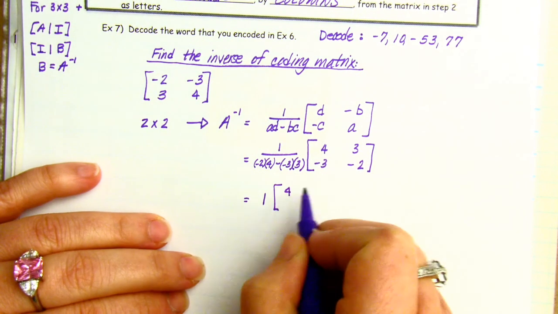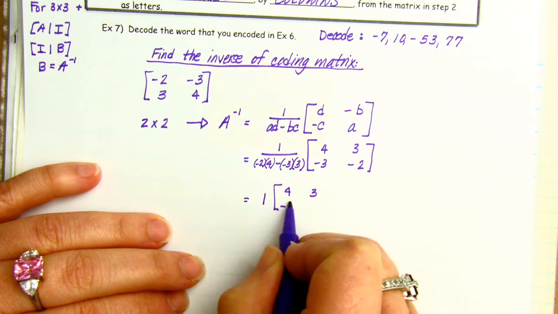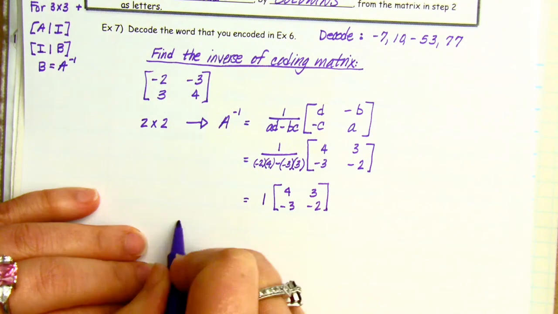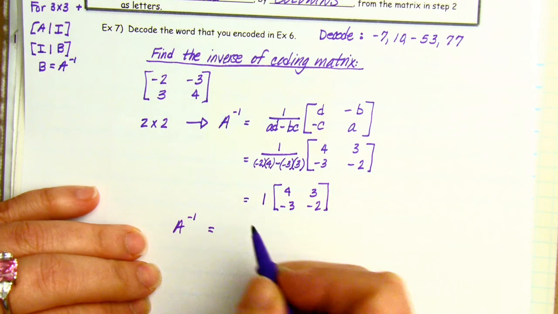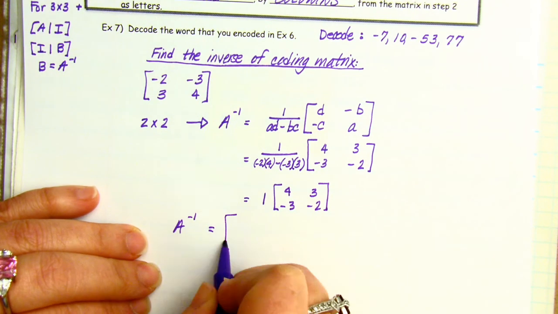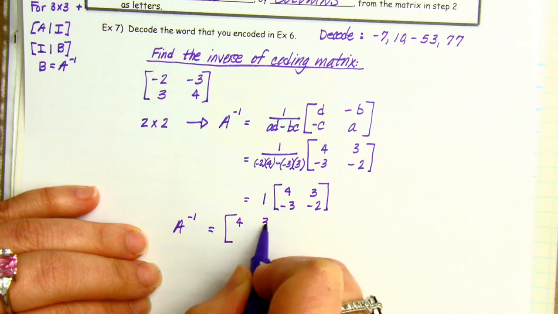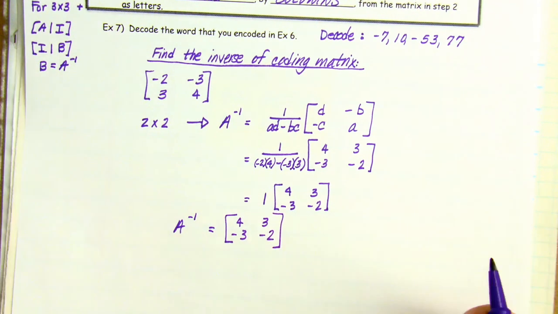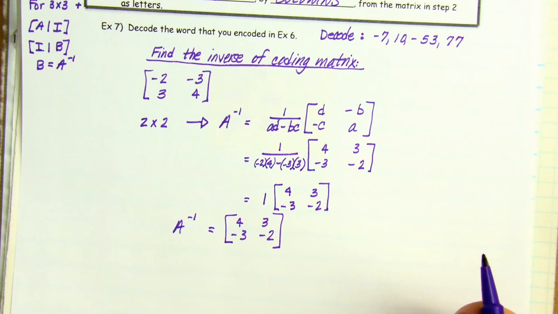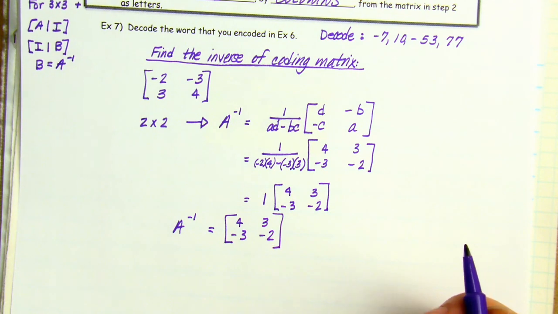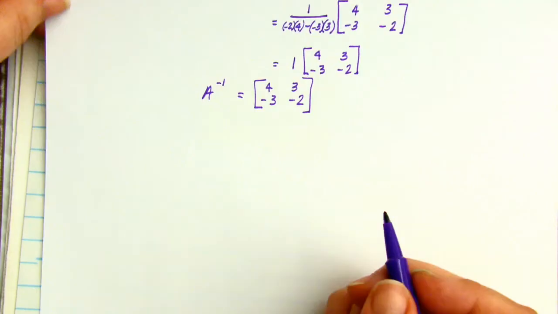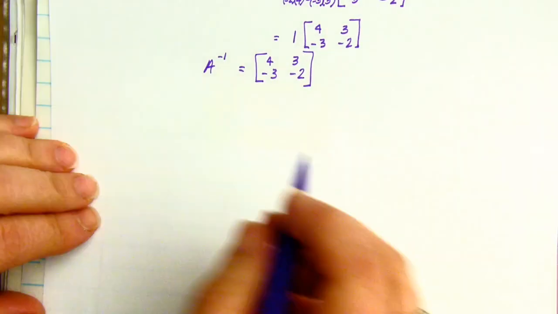And of course, this doesn't change. So inverse A is this matrix here, 4, 3, -3, -2. All right, we need the inverse so that we can multiply and decode the message. All right, so I'm going to move my paper up. And we're going to write decode.